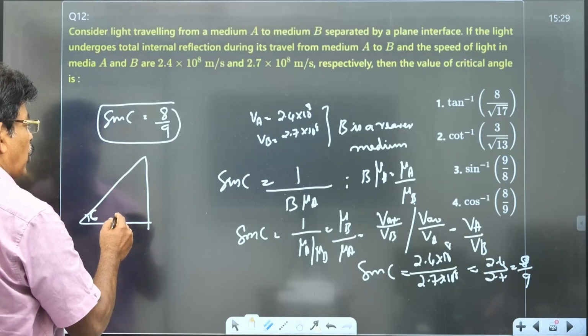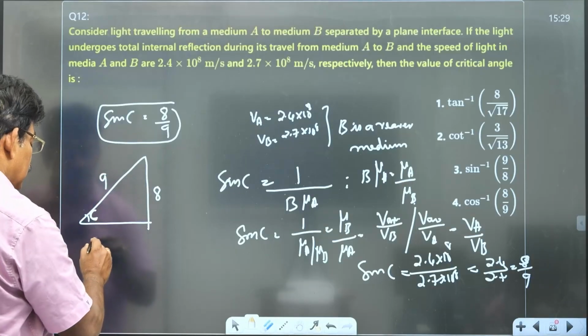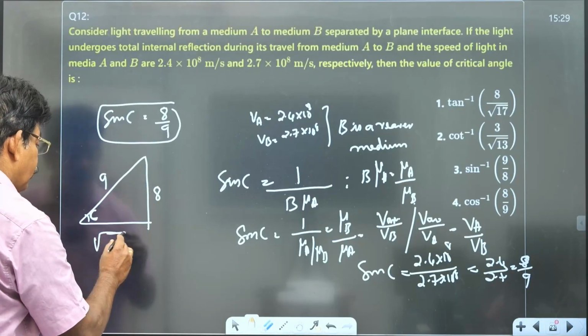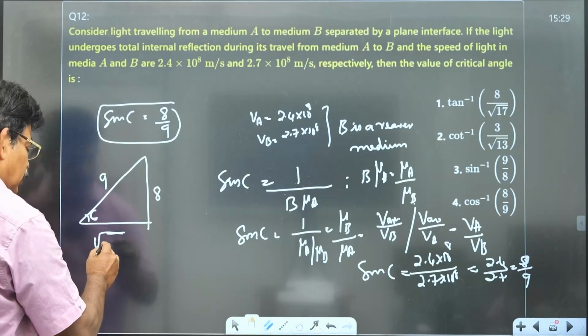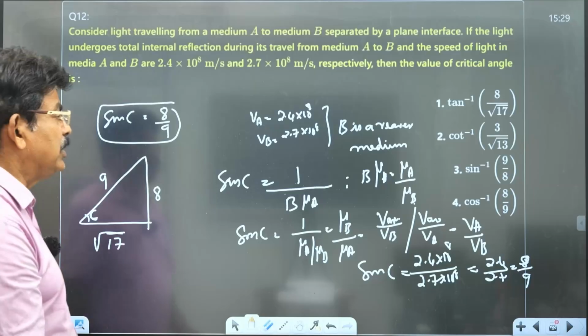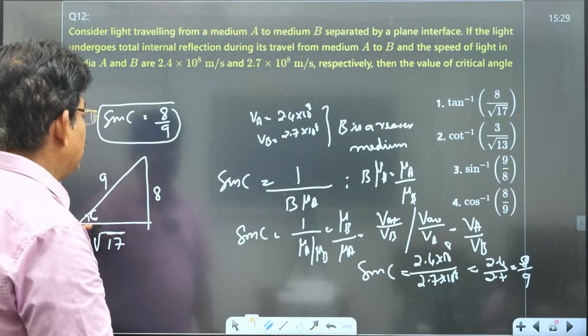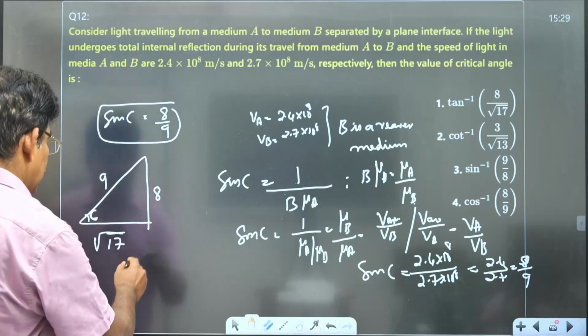Opposite side is 8, hypotenuse is 9. The adjacent side will be root of 9 square minus 8 square, that is 81 minus 64, root of 17. So one option is that, what about tan C? Tan C will be equal to 8 by root 17. That is possible.